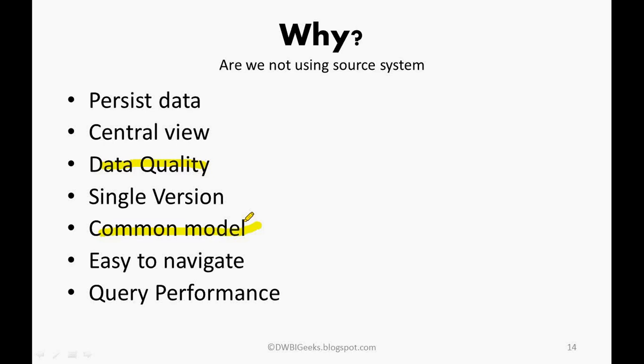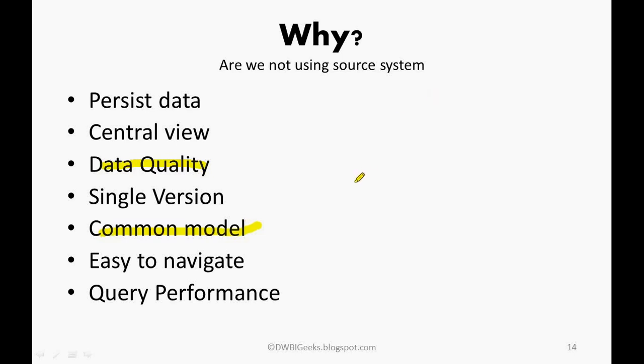In a data warehouse, a common model will be designed, whereas in an OLTP system, they will be designing their entity relationship data set as per the convenience of the application, as a part of the application. And if there are any requirements in the application, they will keep on changing the data set from time to time.